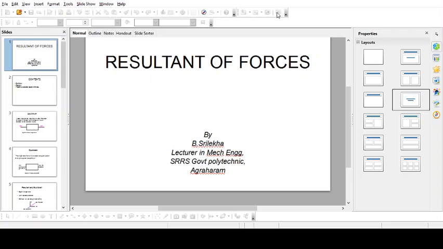So next, if the force is acting on northeast, then you have to draw it exactly at 45 degrees between north and east. It means your angle theta is 45 degrees.